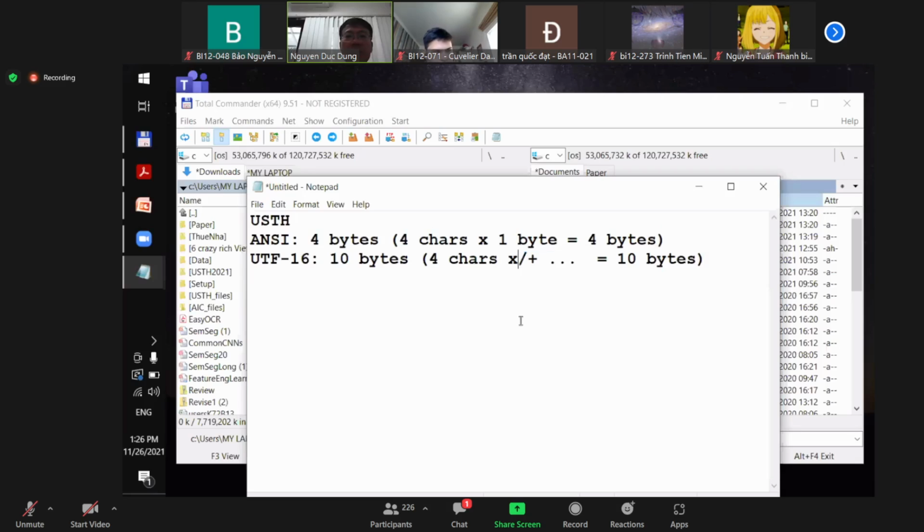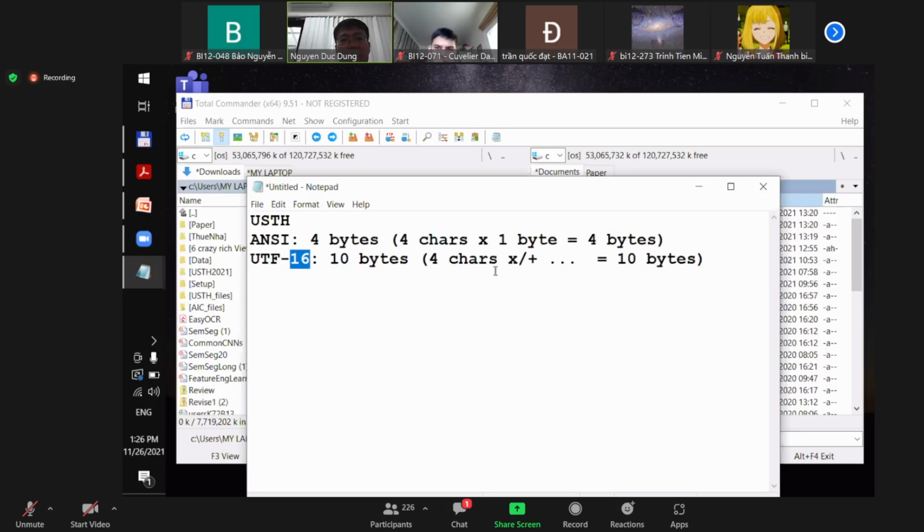Okay, ANSI used to mean the standard for character coding, and it uses 1 byte for 1 character. We have 4 characters, so we need 4 bytes. For UTF-16, I could guess that 16 means 16 bits, and 8 bits form 1 byte.